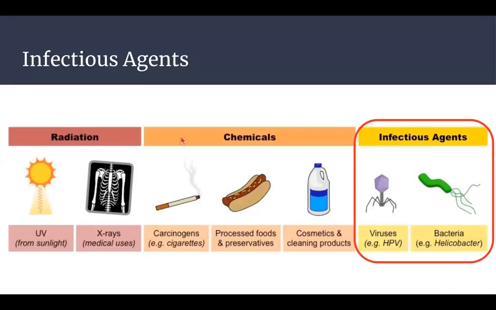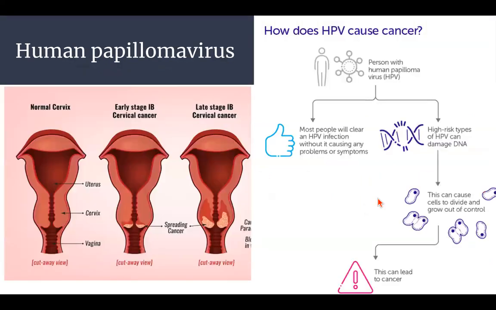Okay, so we talked about radiation, we talked about chemicals, now we're going to look at infectious agents. Those are things like viruses and bacteria. They have the ability of inserting their own DNA into the host's DNA and changing the host cell into a factory machine that keeps on replicating the cell and spreading the viral DNA everywhere inside the host.